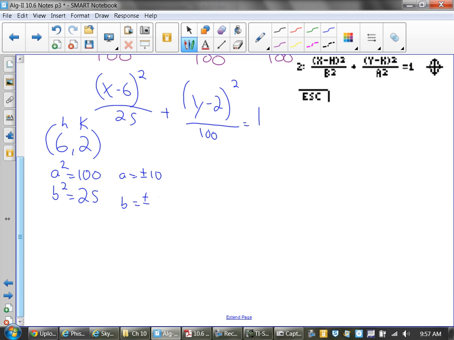So c squared would be 135. Careful, this is an ellipse. Remember, hold on, slow down. An ellipse has a plus sign between the two fractions, so it'd be subtract. 75.